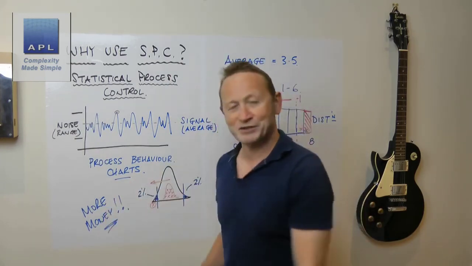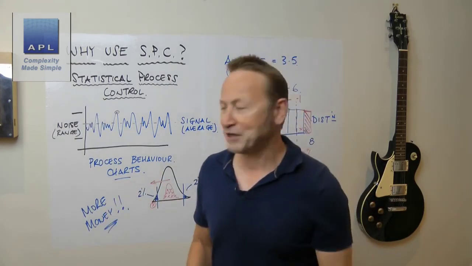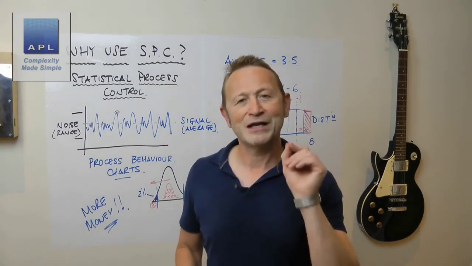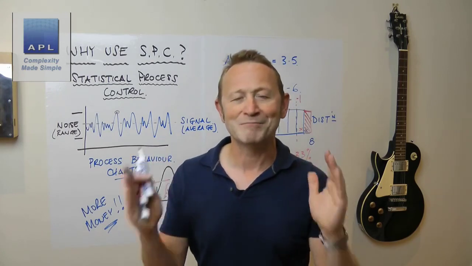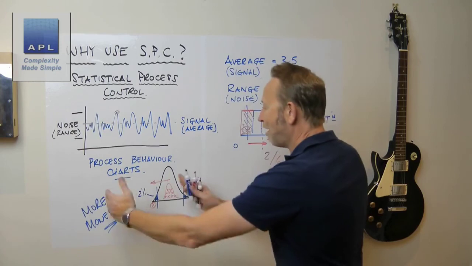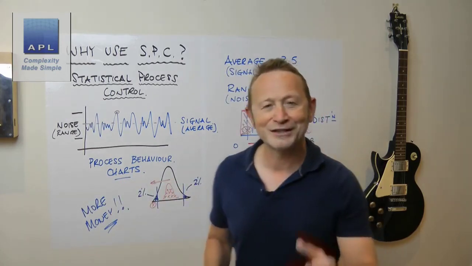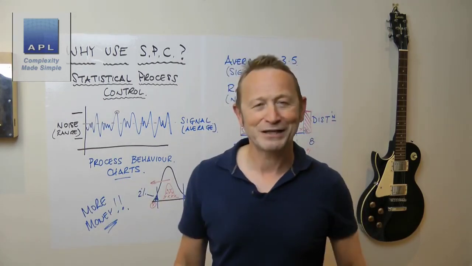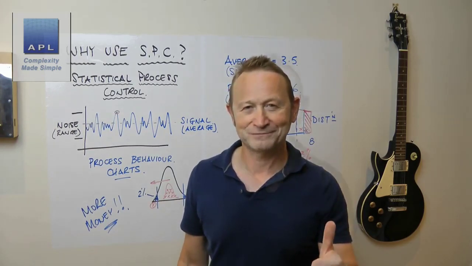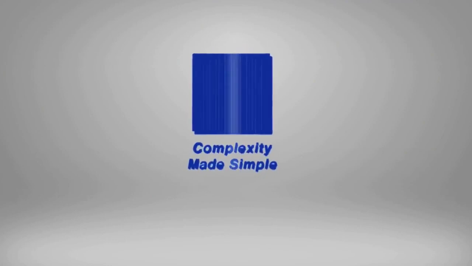The best way to make more money, one of the best ways, is to use statistical process control. It will guarantee you get the minimum amount of defects from your process. You don't over adjust the process, and you will make more money. Use SPC.